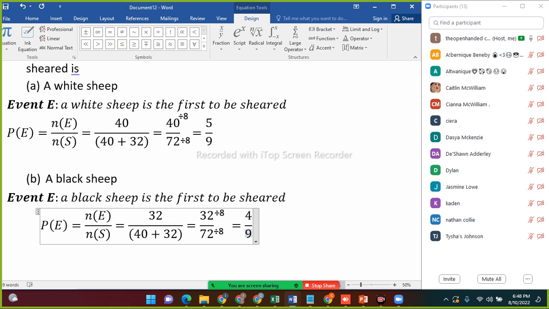So the probability of the event that a black sheep is the first to be shared is going to be 4 over 9.